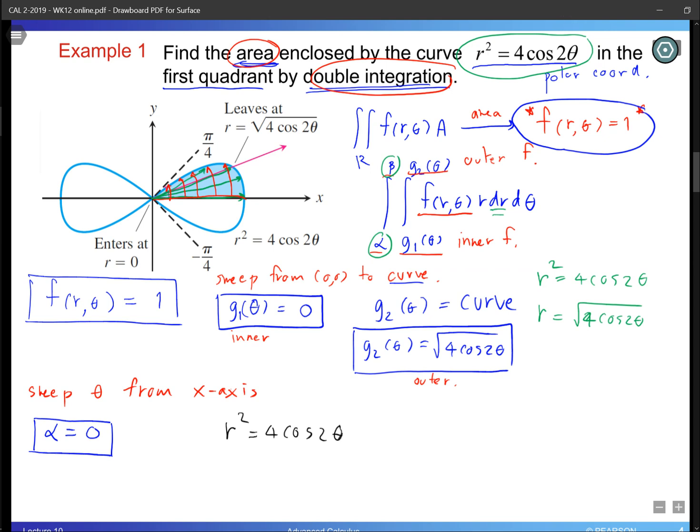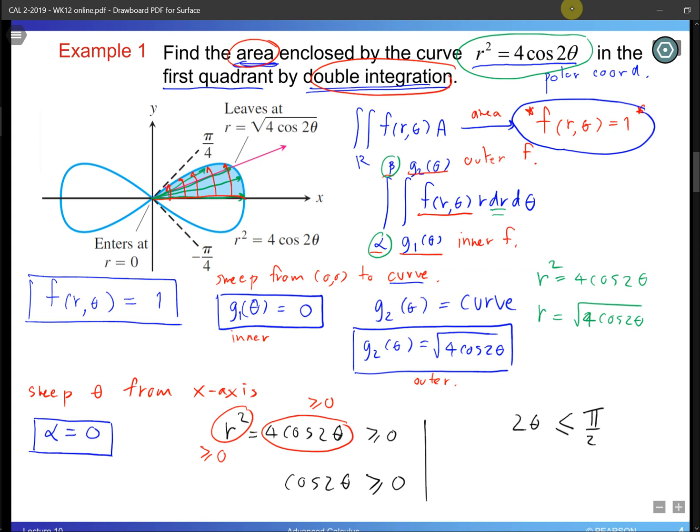Since r squared is greater than 0, the right hand side is supposed to be greater than 0, which means cosine 2 theta is greater than 0, and also means that 2 theta is less than pi over 2 and greater than 0 in the first quadrant.